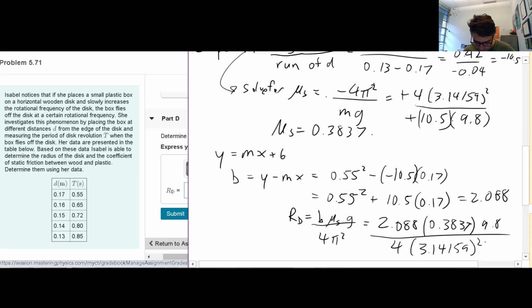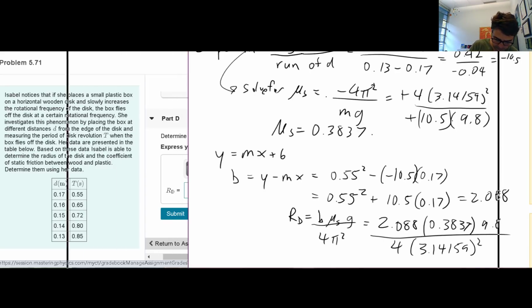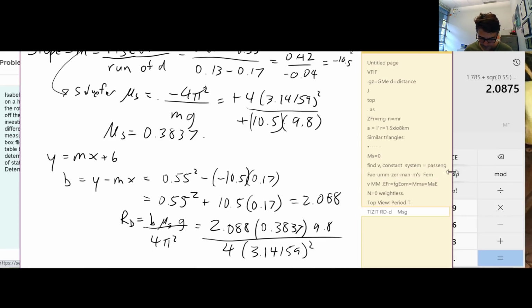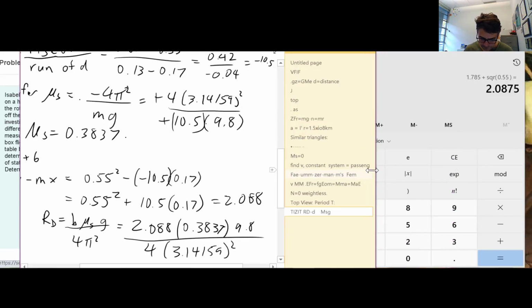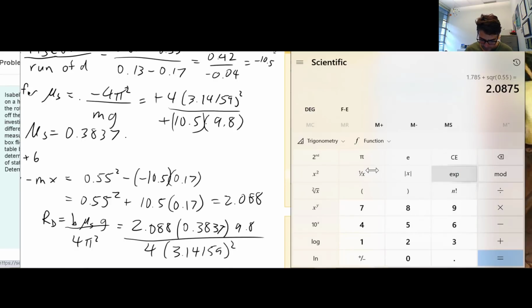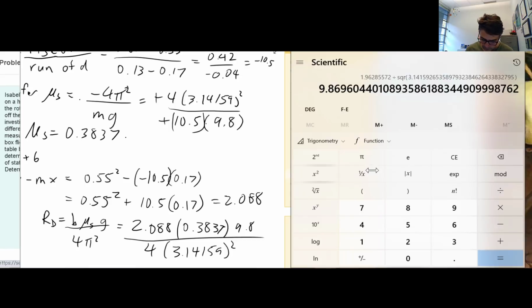I noticed that I had a pi in my calculator there, so maybe I can do that. But let's just pull this over here, so don't forget everything. And we're going to have, clear this out, 2.088 times 0.3837 times 9.8 divided by 4 equals divided by pi squared equals.